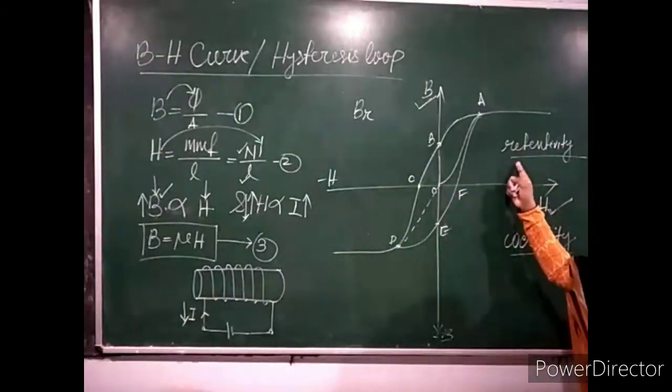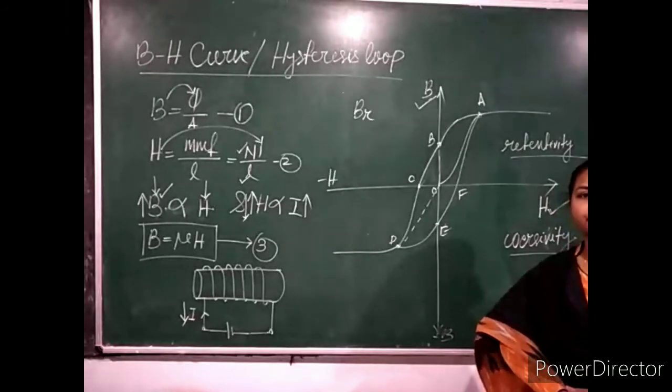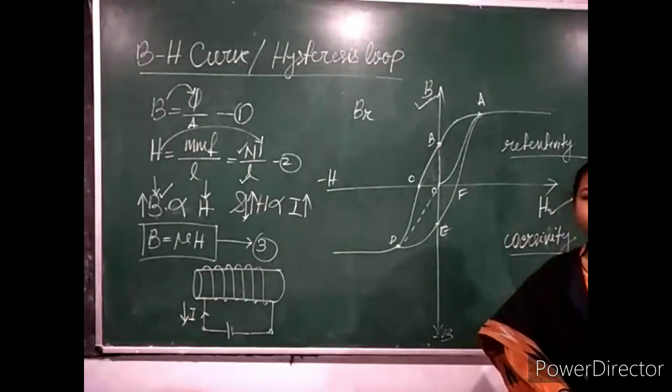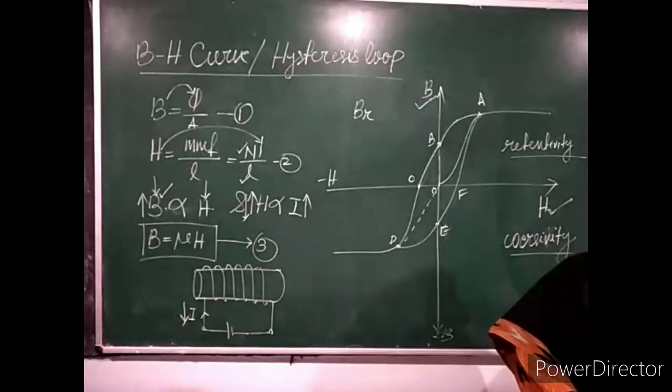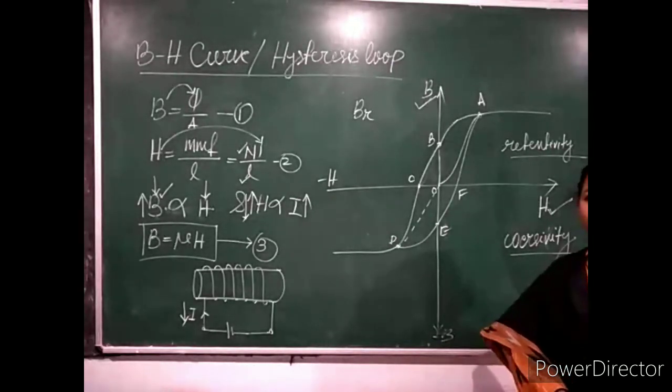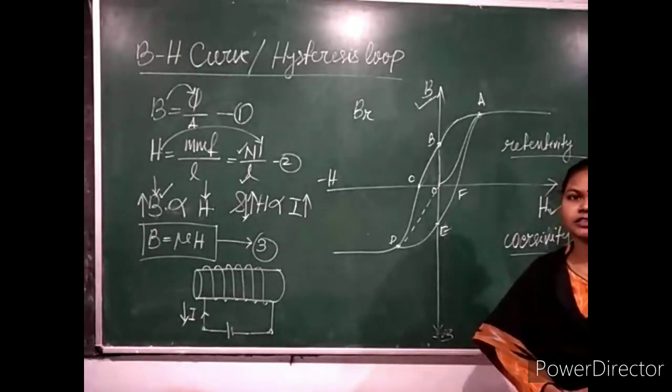What is retentivity? Retentivity is the presence of residual magnetism or residual flux in the magnetic circuit, even though you decrease the current or disconnect the supply to the magnetic material. It is one type of loss in the circuit, called hysteresis loss.